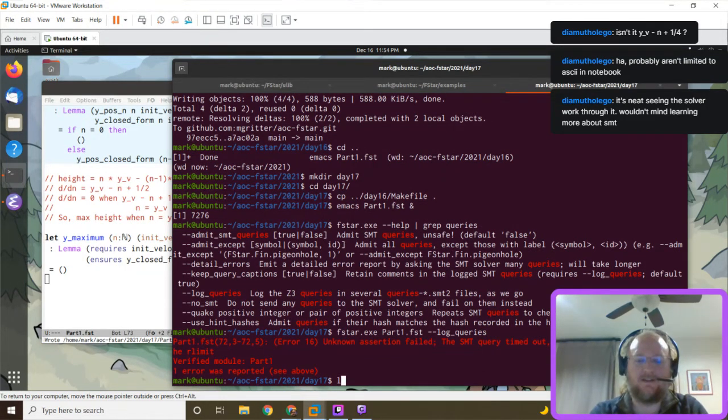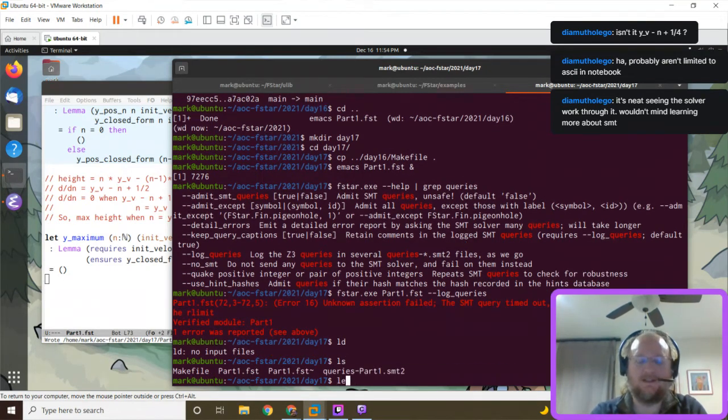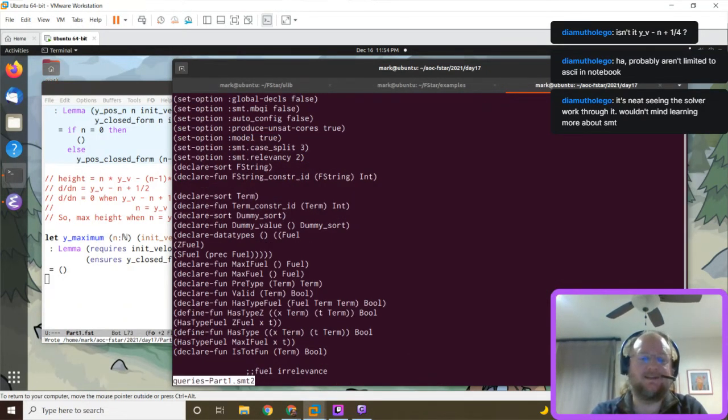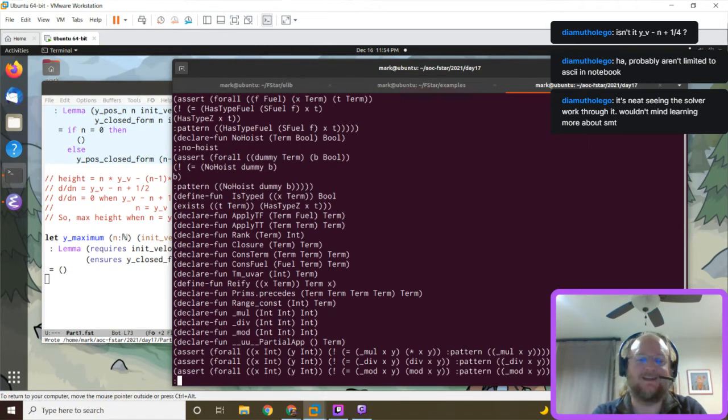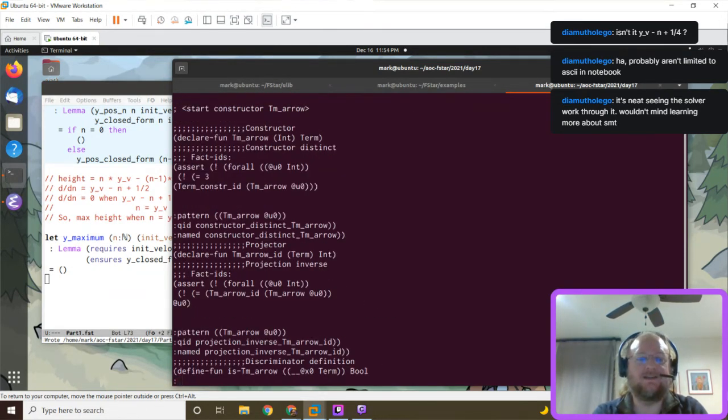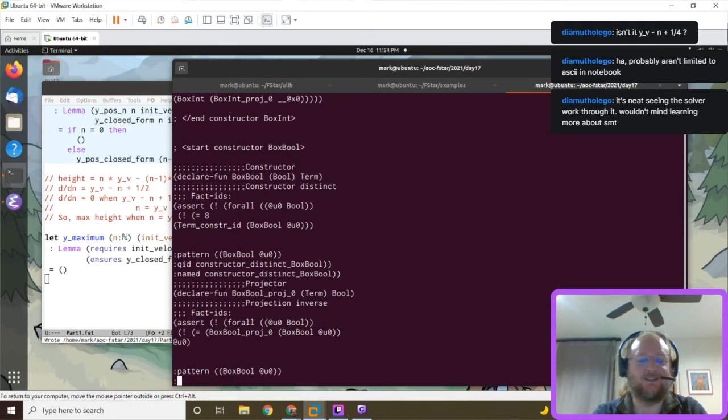All right, and that creates a file that is in Z3's scheme-like language. And it's hard to work through.